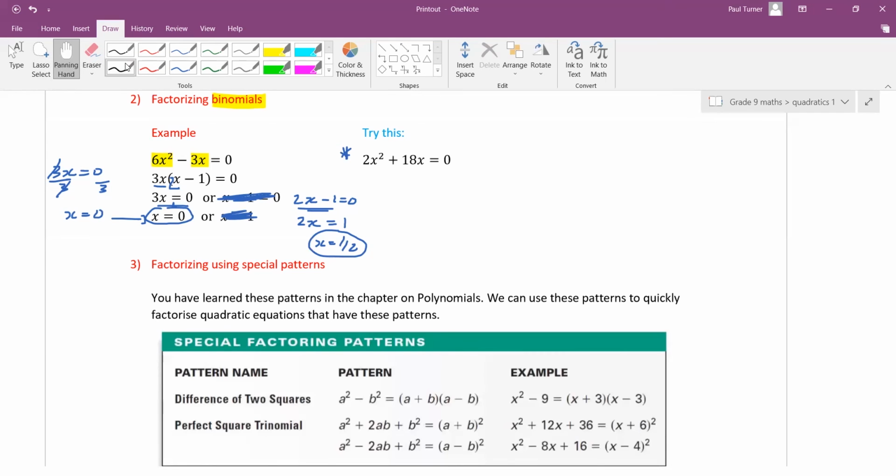Right, so in this question, let's write it again here. 2x squared plus 18x equals 0. Two terms, so we call it a binomial. The common factor here would be 2x.